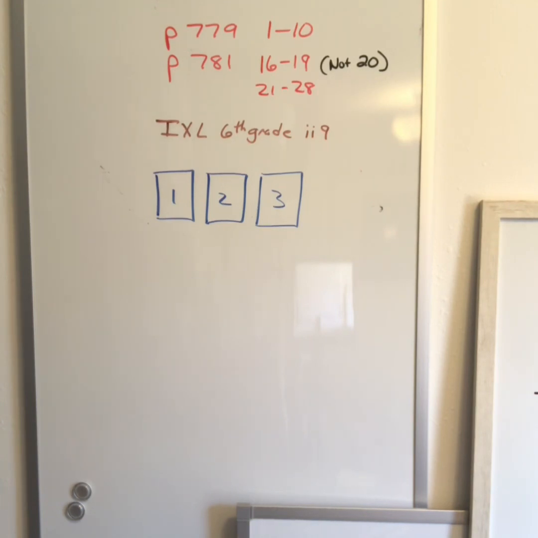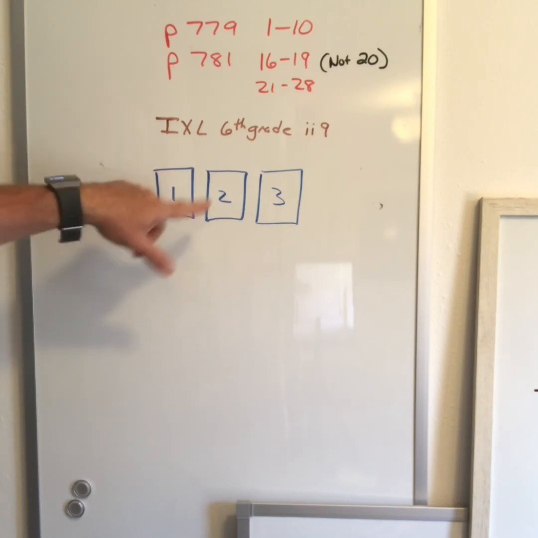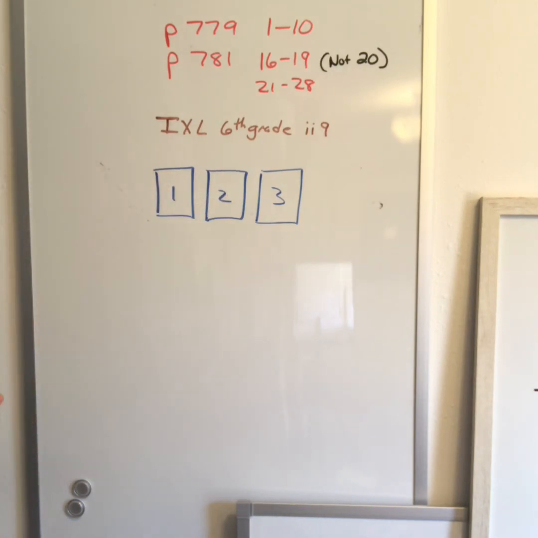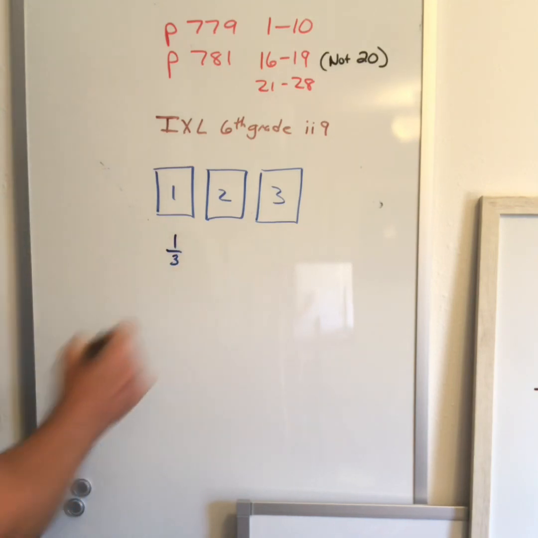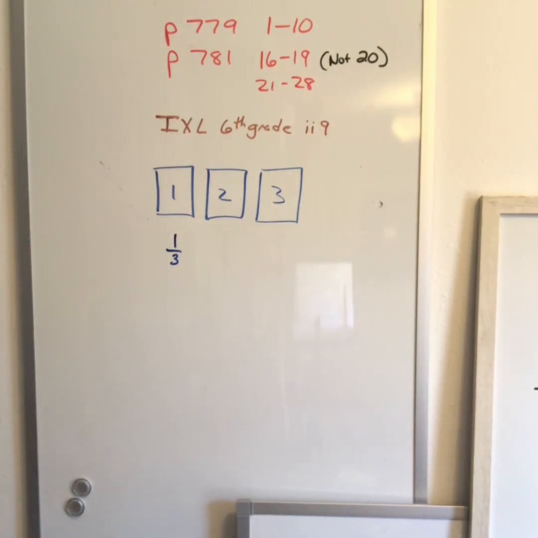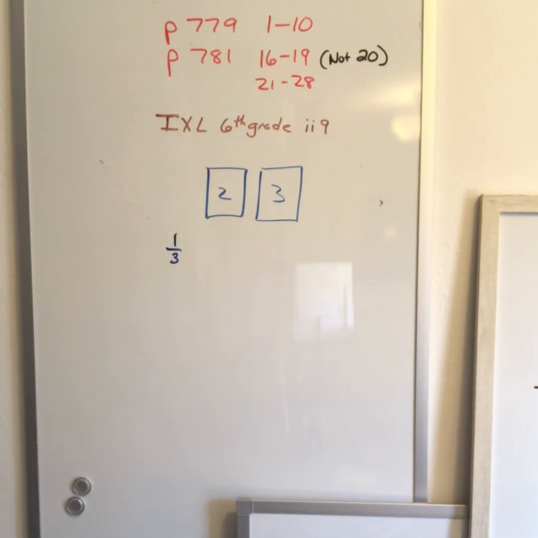The IXLs that you have to do are just one. II9 has to do with independent and dependent events, and it'll ask you what's the probability of certain things happening. In this case, it'll ask like, what's the probability of getting a 1? So that's 1/3, I'm sorry. Then it'll say, what's the probability of, without replacing it, so that's gone, and then what's the probability of drawing a 2 now?